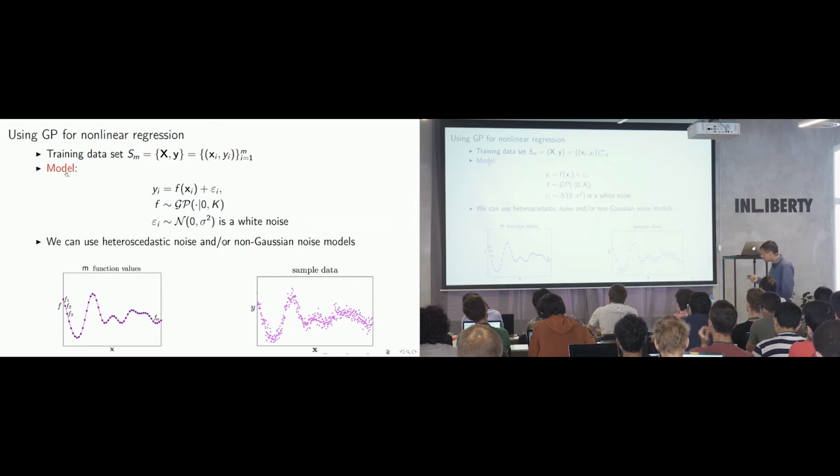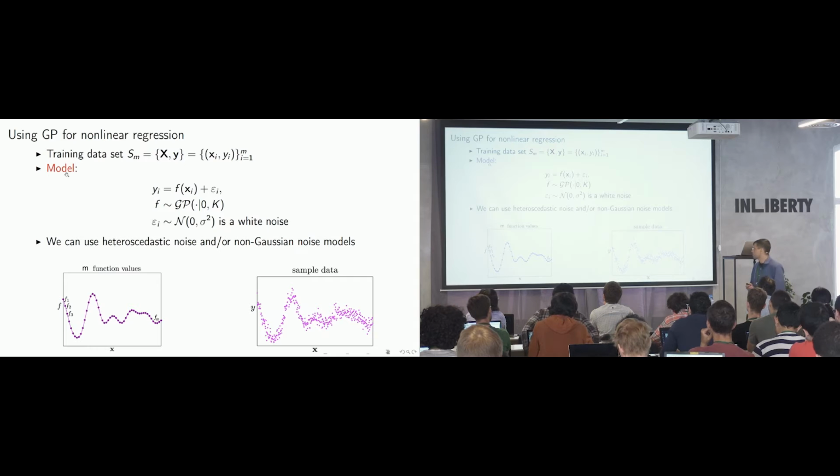And we assume that our output is equal to f of xi plus epsilon, where f of x is an unknown function which we would like to recover. And epsilon i is Gaussian white noise with zero mean and variance sigma squared.